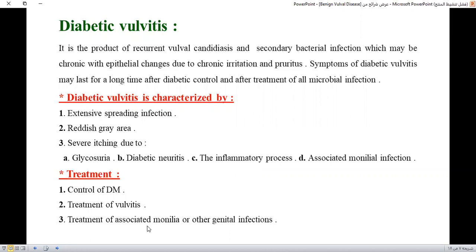False. Oxyuris infestation is one of the causes for vulval ulcer. False. Oxyuris infestation causes vulval itching, not vulval ulcer.